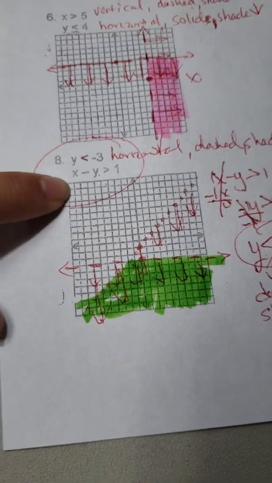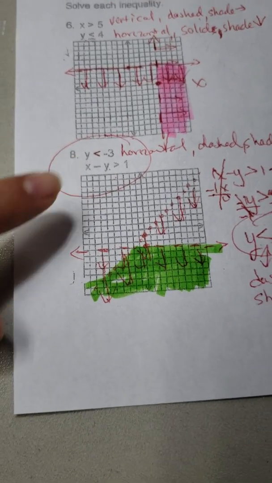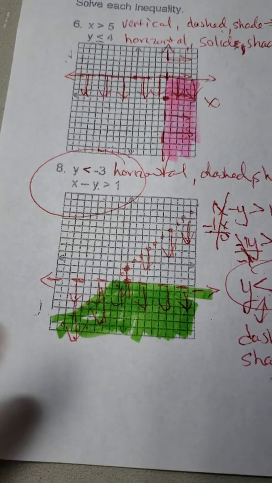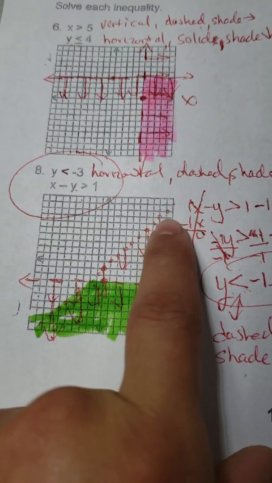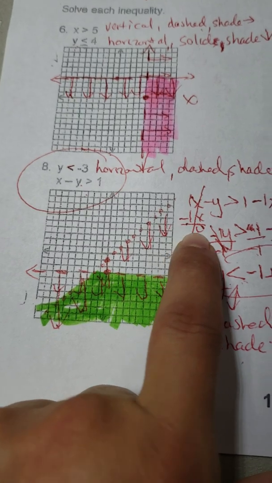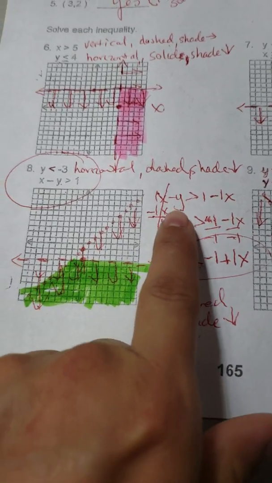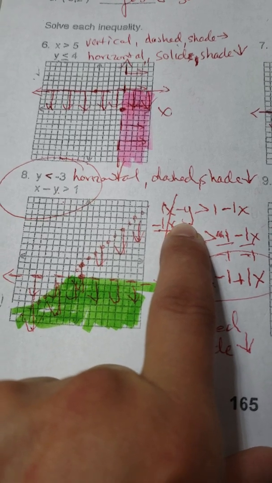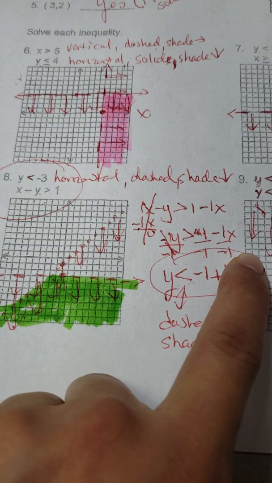All right, this one, I asked the class to be careful because this bottom one you have to solve for y. So when we're solving for y, remember we get rid of the x first by doing the opposite. If I have a positive 1x, then I'm going to subtract the 1x. What I do to one side, I do to the other. Now that leaves me with a minus y or a negative y, and I never want the y to be negative, so you still have to divide everything by a negative.